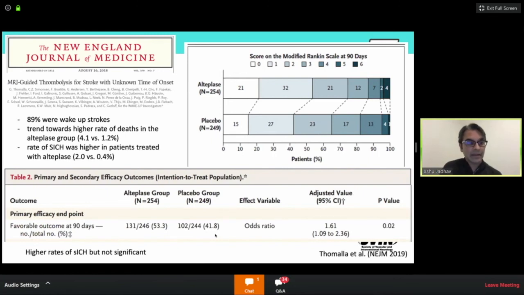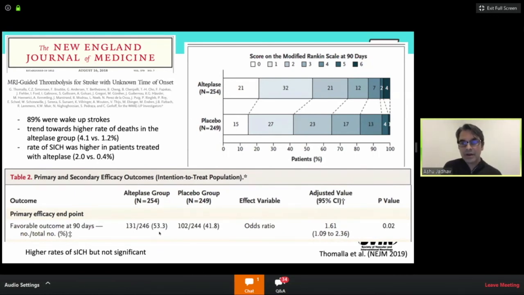In this trial, there was a trend towards a higher rate of death in the patients who received alteplase, as well as a higher rate of sICH in the patients who received alteplase. However, for the primary endpoint of favorable outcome at 90 days in this study, there was statistically significant benefit, with 53.3% good outcomes in the alteplase group versus 41.8% good outcomes in the placebo group.